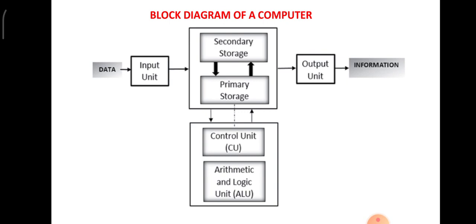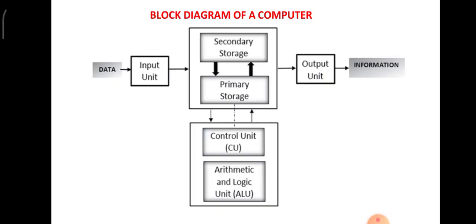Arithmetic, as you know, is addition, multiplication, subtraction and division. This is something to do with arithmetic. And logic, what is logic? Logic means either or. For example, A less than B. The logic is you will analyze which one is bigger and which one is smaller. So here the input being 2 plus 3, the arithmetic and logical unit will activate the arithmetic operation of addition.